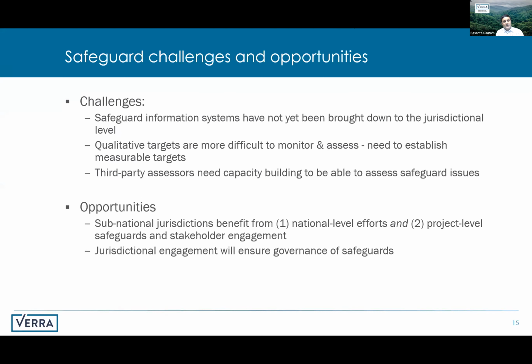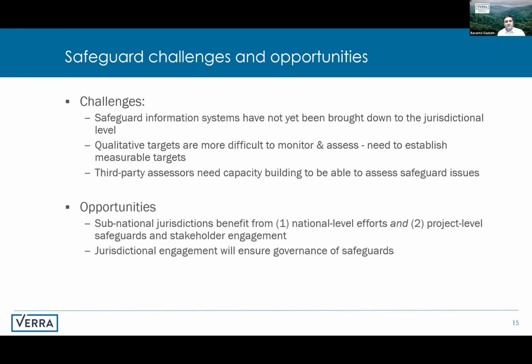So these are based on our experience so far. The challenge we see is that a safeguard information system is very important and very much needed, but it is also highly technical, because it is basically an IT system. This is my personal view, because before joining VERA, I was involved with some of these national REDD Plus programs to support developing safeguard information systems.